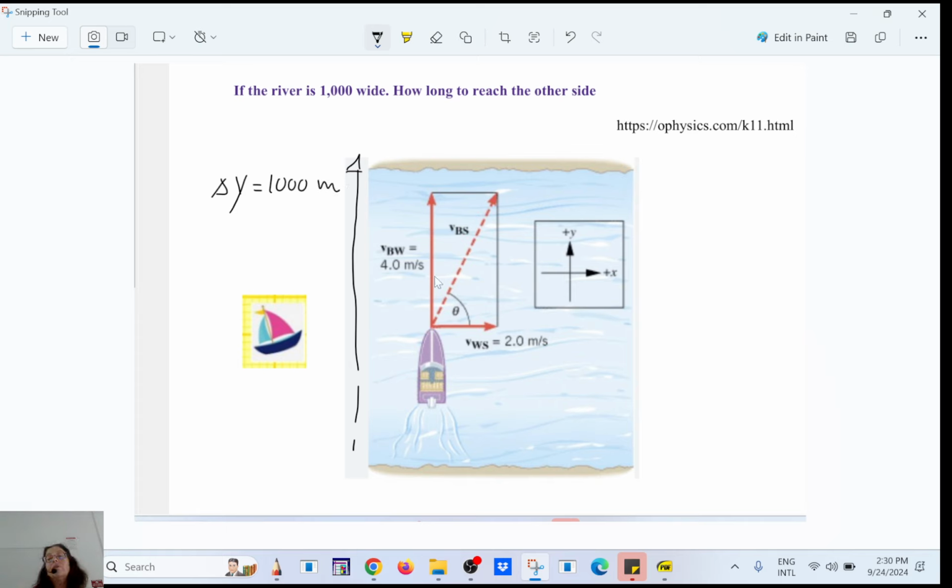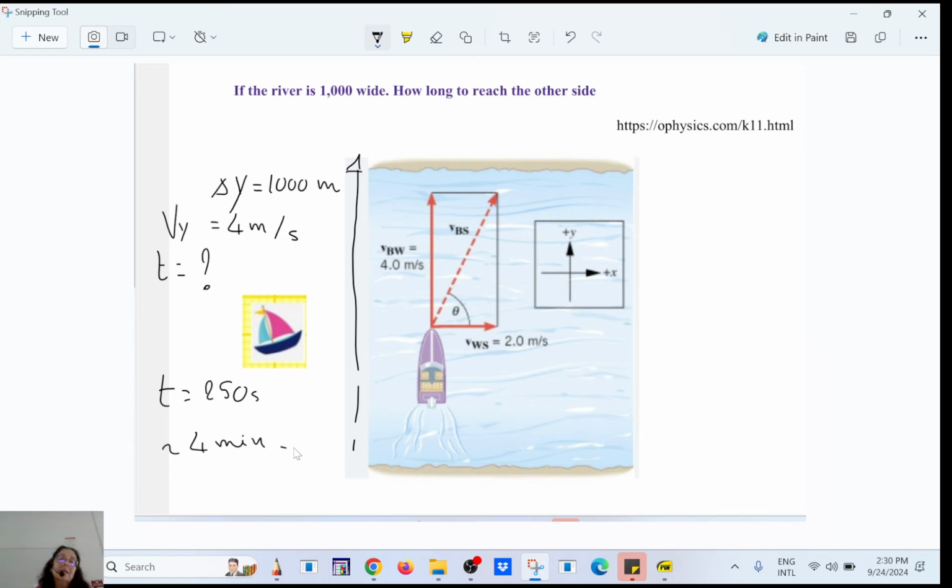Okay, so you're going to only use the y component, and the y component is 4 meters per second. So how can you find the time? Yeah, 1000 divided by 4. Do you all agree? So that will be 250 seconds. And then if you divide by 60, you're going to get minutes. So it's about 4 minutes.